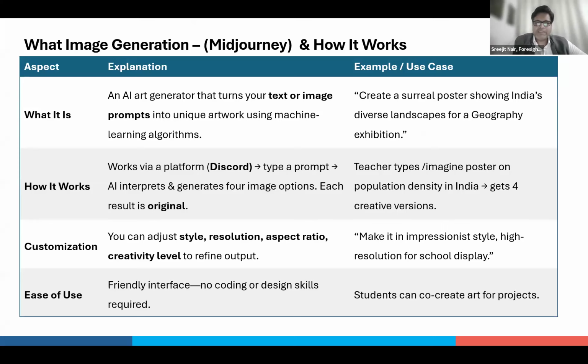So you just type a prompt, and AI interprets it and generates 4 images. That happens in Midjourney. And there are other image generation tools that you can use as well, which have multiple other options available. Customization: you can adjust style, resolution, aspect, creativity level, and there is an ease of use that comes with image generating tools.